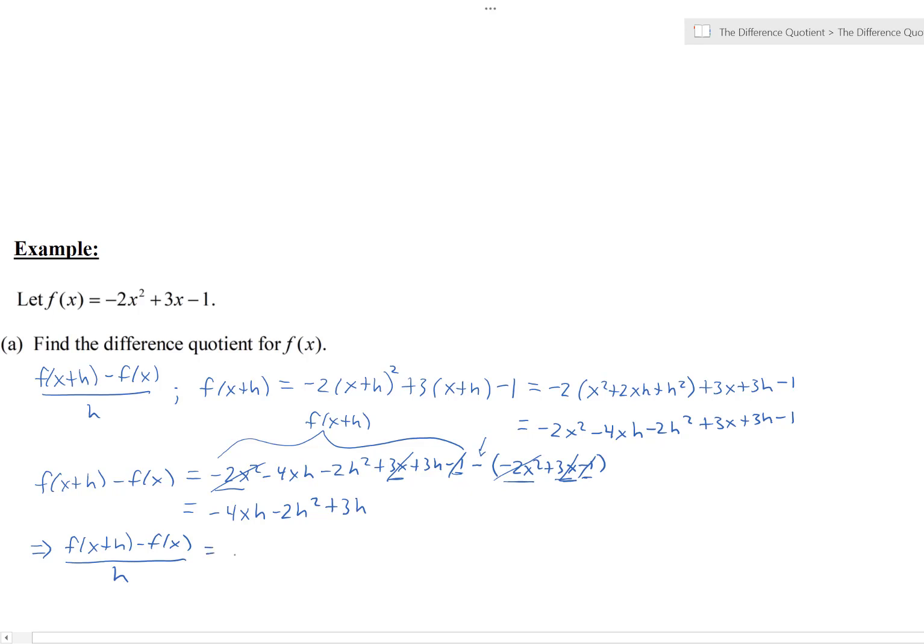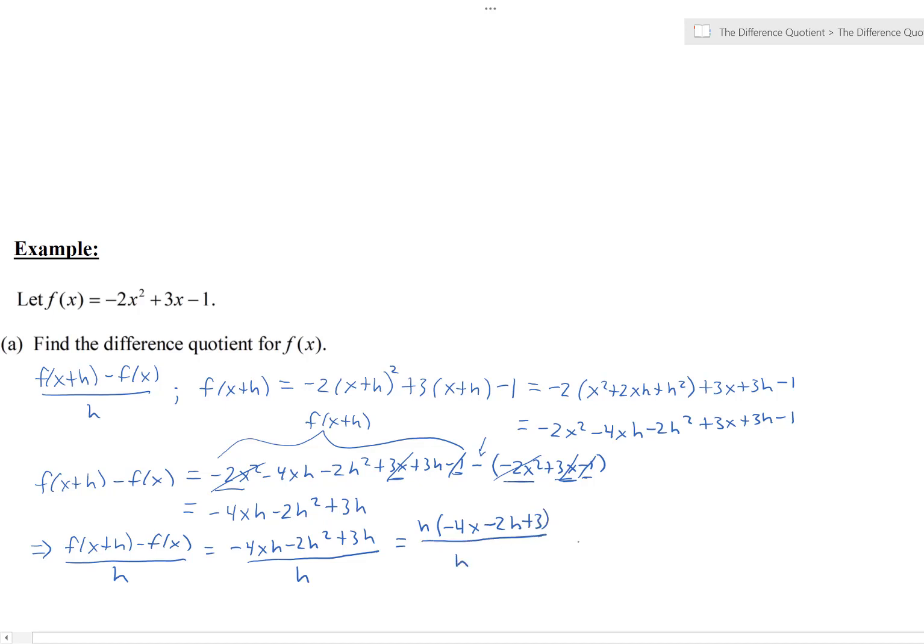So what do we get? Negative 4xh minus 2h squared plus 3h, all divided by h now. Common factor in the numerator is an h or a negative h, depending on how you want to look at it. Let's just take out an h, and we're left with negative 4x minus 2h plus 3, all divided by h.